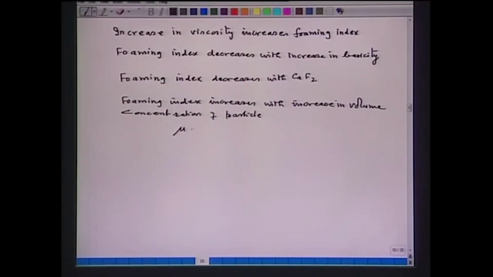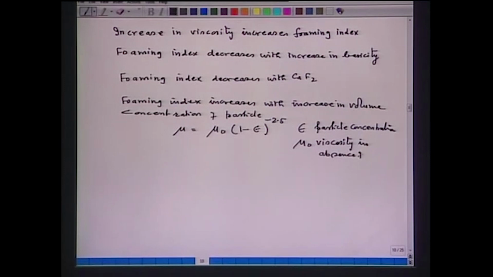Now, the viscosity of a slag which is entrained by the solid particle, mu, is equal to mu 0 times (1 minus epsilon) to the power minus 2.5, where epsilon is the volumetric particle concentration, and mu naught is the viscosity in absence of solid particles. So, foaming index can be quantified as follows.